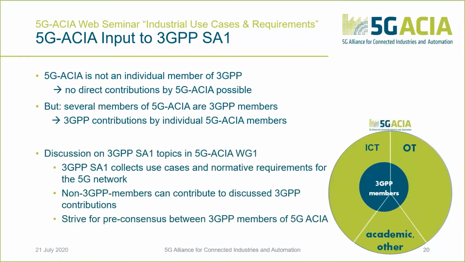5G-ACIA Working Group 1 discusses relevant topics of 3GPP SA1, and 3GPP SA1 collects use cases and normative requirements for the 5G network, so there's a very good match here. The discussion in 5G-ACIA provides a broader participation of the users of industrial 5G, especially the OT companies, since also the non-3GPP members of 5G-ACIA can contribute to the discussed 3GPP contributions, and the authors of these contributions get valuable feedback.